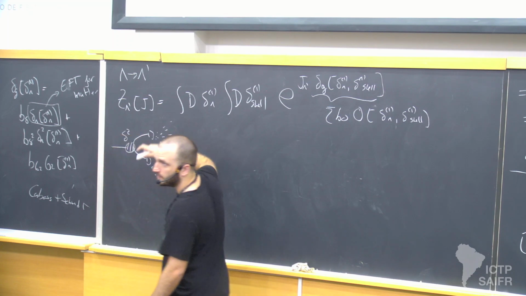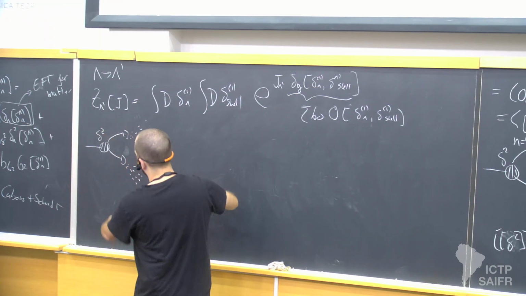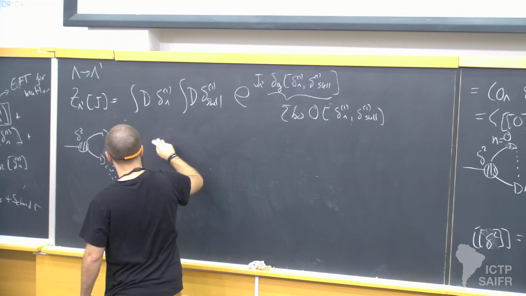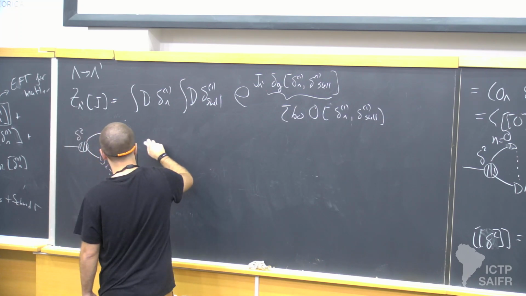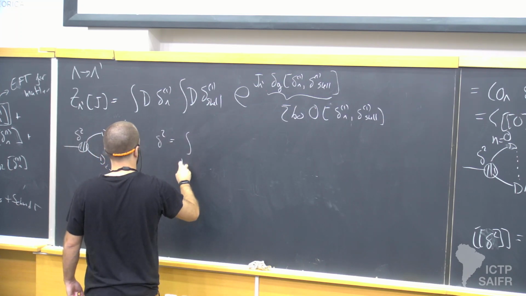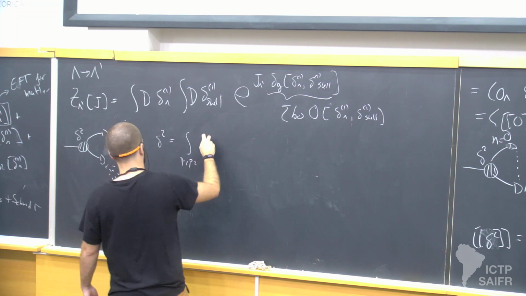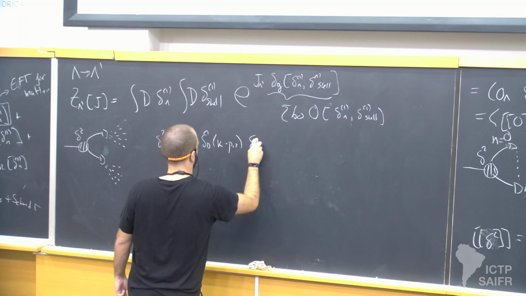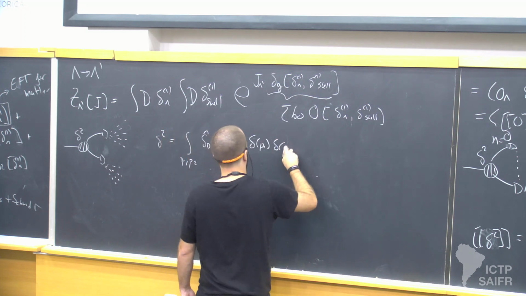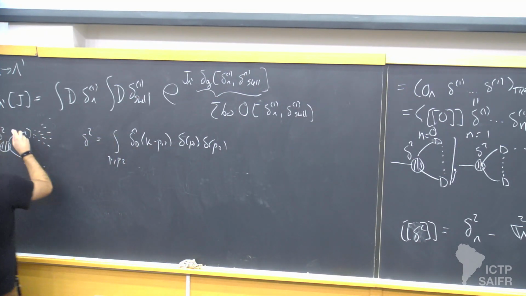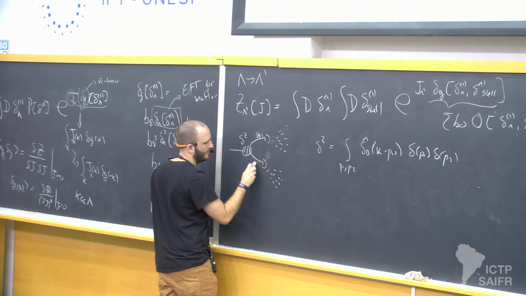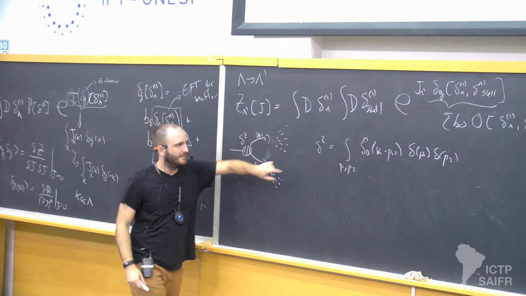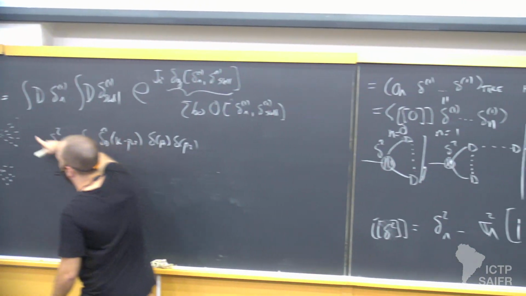Okay? To explain what I mean by this diagram, maybe it's time to explore the diagrammatic notation here. This is just the convolution of delta square. So delta square is equal to P1, P2, so what I have here is delta of P1 and delta of P2. And for each one of those legs, I'm expanding each one of those deltas onto different linear densities.